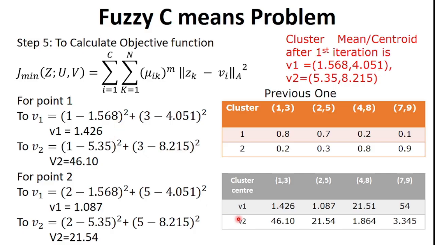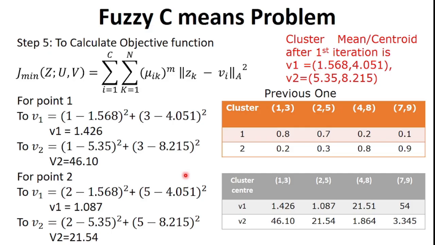That value you need to write here for the first data point versus the mean of the first cluster. You will get the distance as 1.426. Next, proceed for the second case, V2, which is equal to the first data point 1 minus 5.35, the second cluster mean, and 3 minus 8.215, the whole square.